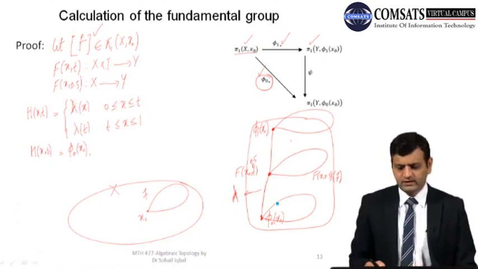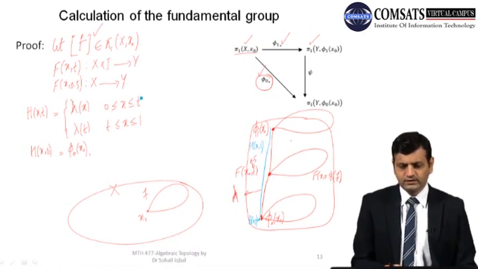So this one point is basically capital H of x 0, and this whole path lambda is h of x 1, and this h is basically a homotopy.